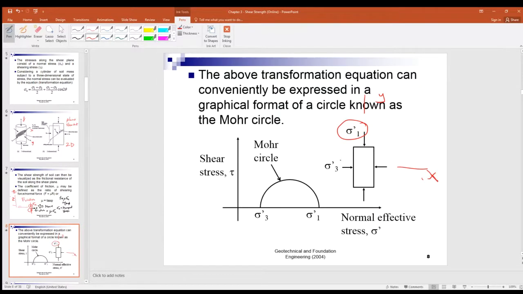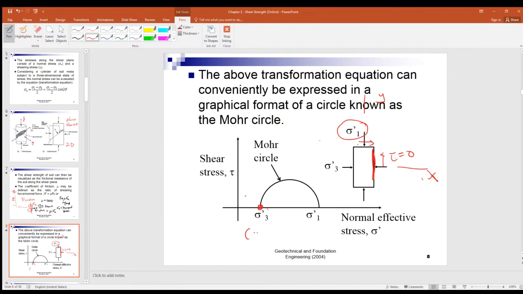Now, here you have the shear equal to 0, right? Tau equal to 0. So for this plane, you get this point.